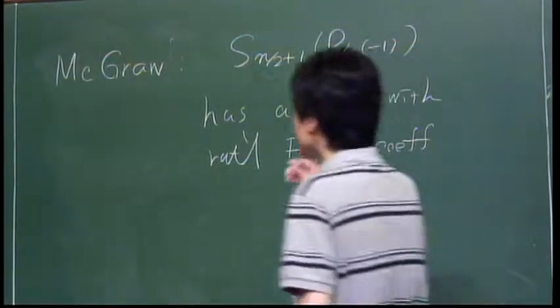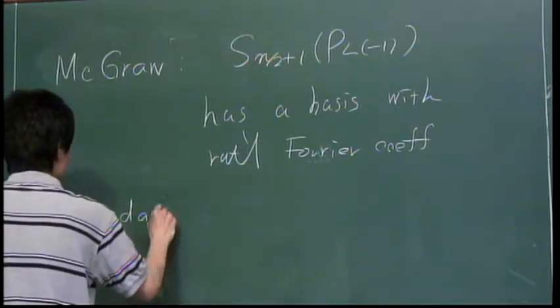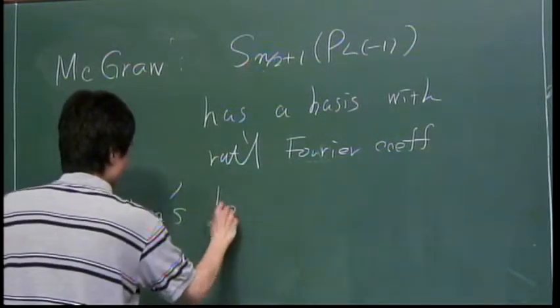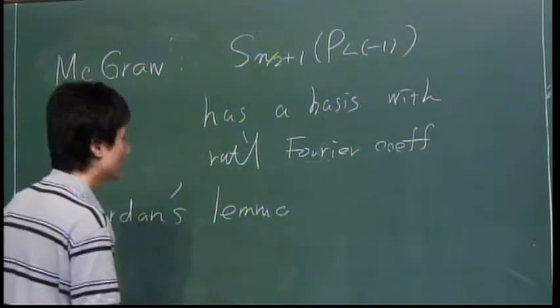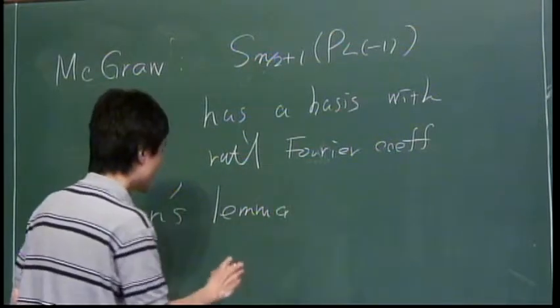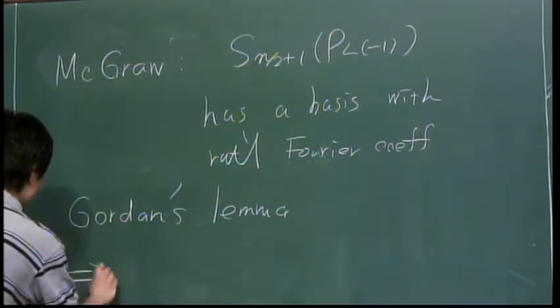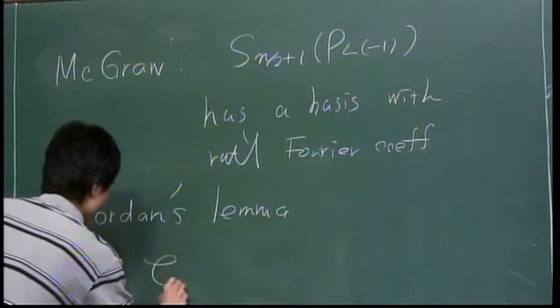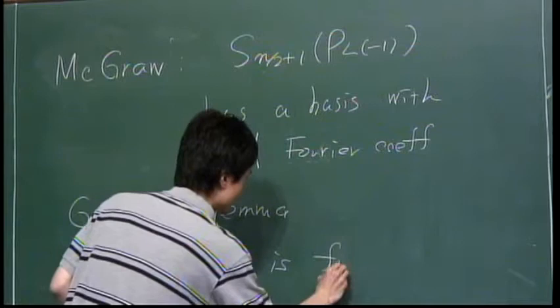And plus this, if we use the so-called Gordan's lemma, which I found in a textbook of convex body or toric geometry, then we see that this cone is finitely generated.